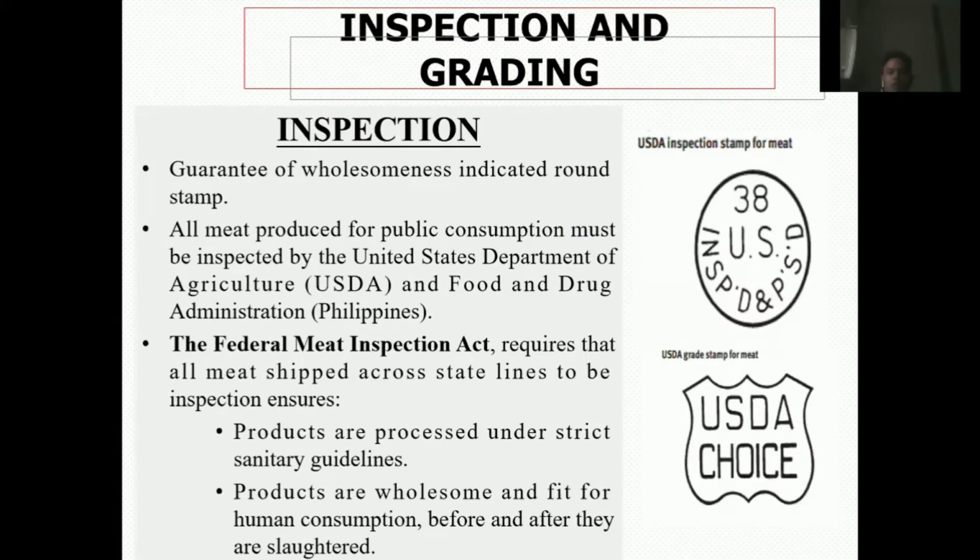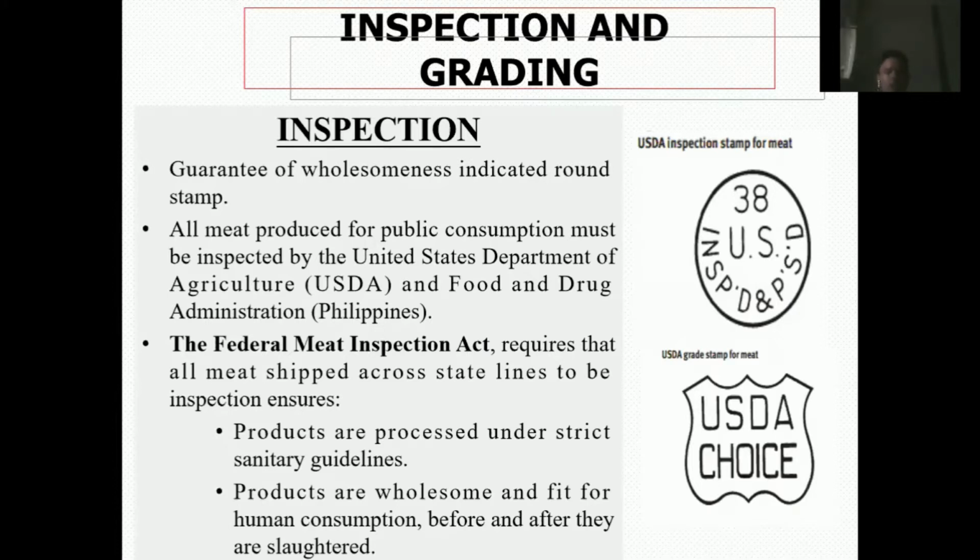So I'm going to talk about inspection and grading. For inspection, wholesomeness is guaranteed and indicated with a round stamp. All meat for public consumption must be inspected by the United States Department of Agriculture, or USDA, and the Food and Drug Administration in the Philippines.